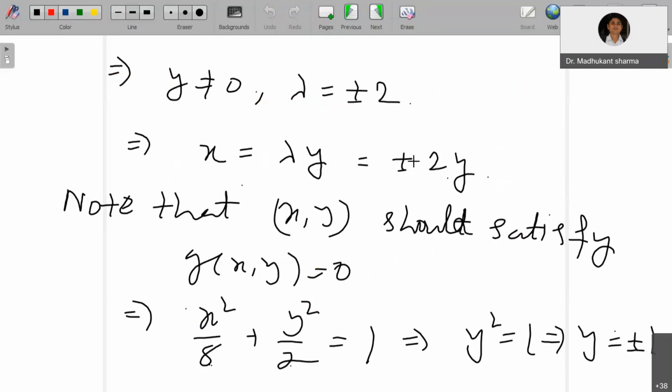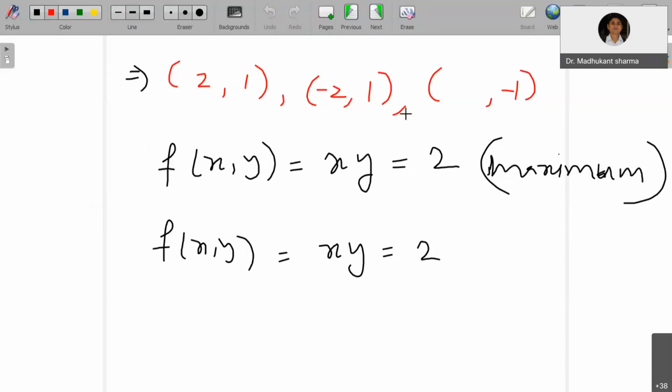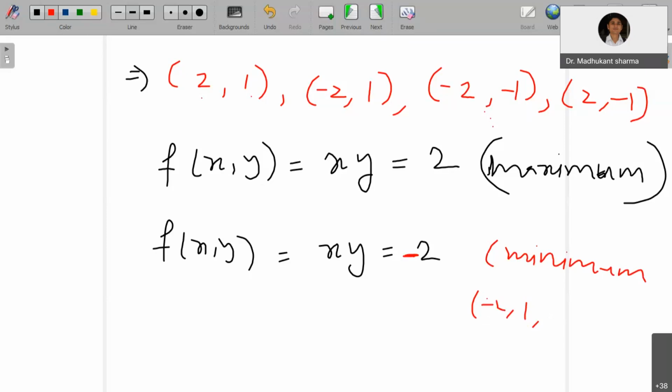So you have minus 2 comma minus 1 and 2 comma minus 1. So 2 comma 1 and minus 2 comma minus 1 will give you the points where it attains the maximum, and the points with opposite signs are where it attains the minimum.